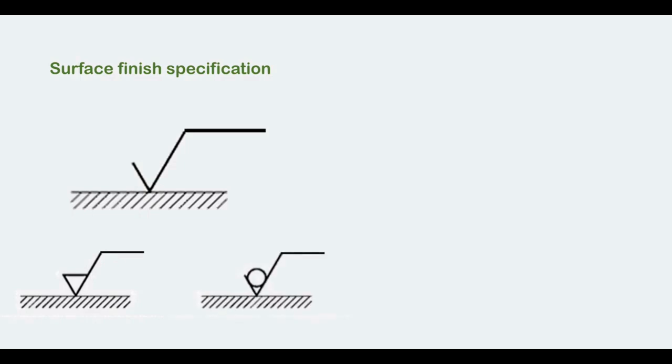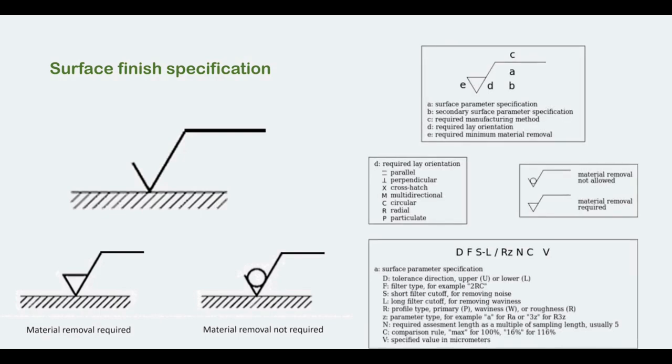If the line is replaced by a small circle, then material removal is not required. In other words, the first symbol shows that machining is done on the surface and the second one forbids it. A surface finishing symbol specifies information like surface parameter specification, lay orientation, and required minimum material removal.